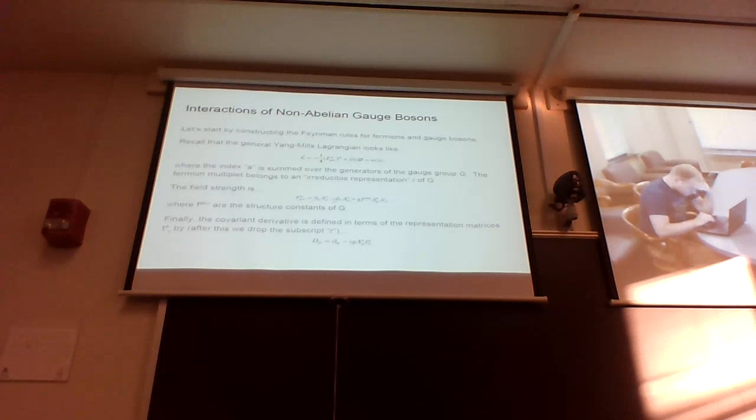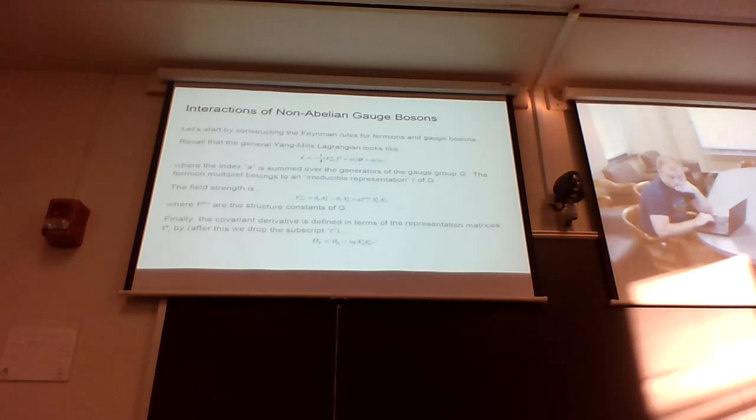And the field strength tensor we worked out last time. Remember, it has these two terms that look like QED, but then you have this extra term that depends on the structure constants of whatever your gauge group is. Finally, the covariant derivative has our coupling that we extracted by hand, and our field A, which is kind of like the photon, but now it has this superscript.